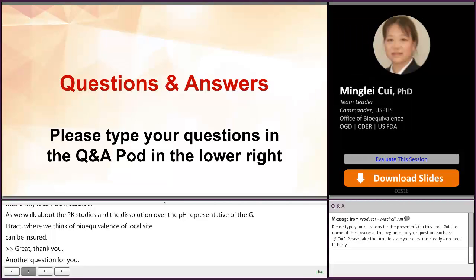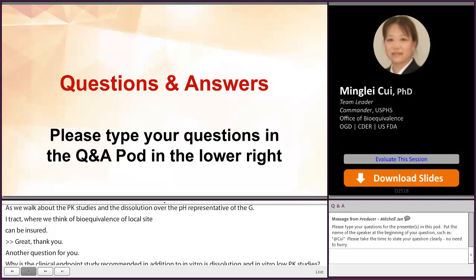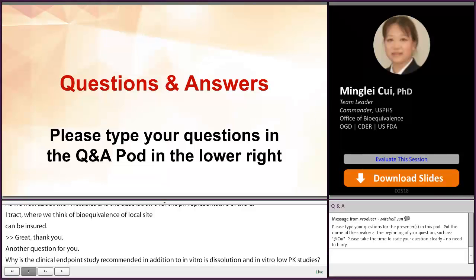That's a very good question. I just mentioned mesalamine. This rifaximin is a locally acting drug, but with very low solubility and permeability.